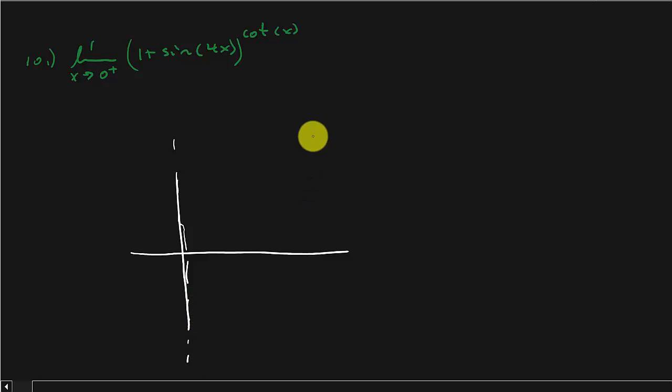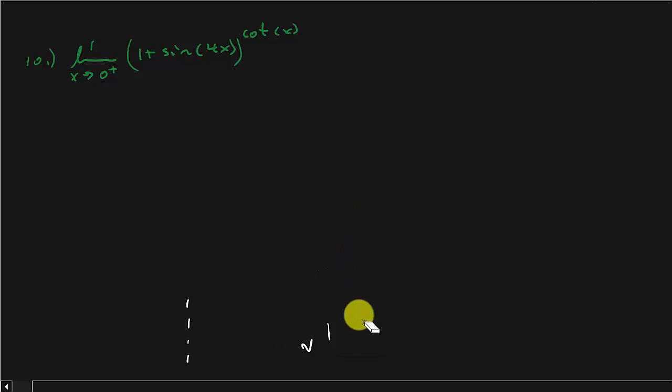There's a vertical asymptote there and there at pi. And so cotangent's going to look like this. So as I come into 0 from the right, cotangent's going to infinity. So I got 1 raised to the infinity. Is that 1? I'm going to let you take a guess on that. And if you said no, then you would be correct.